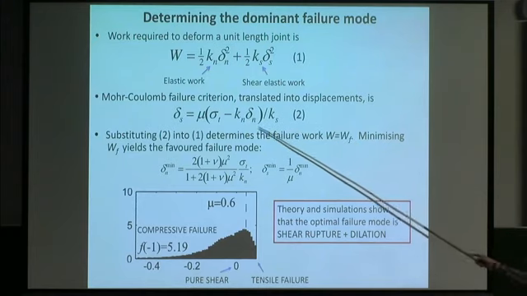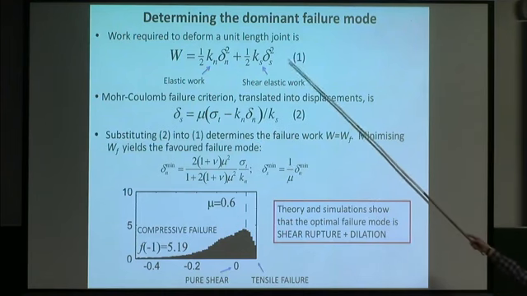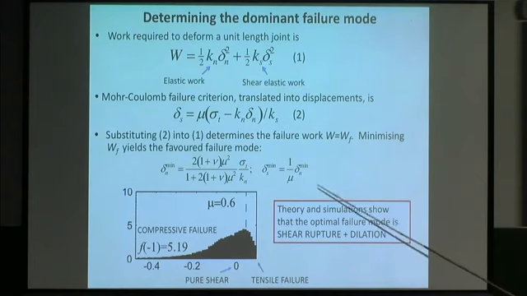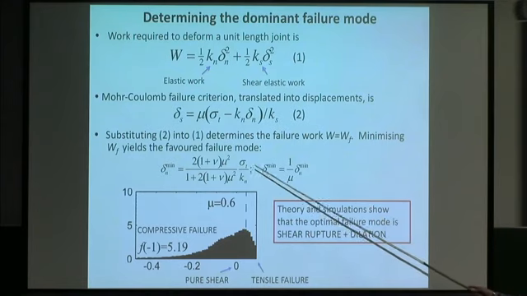If we substitute this failure criterion into the work done, we get an equation for the work done in the ice between those elements. If we then minimize that work done, okay, so what's the least work you can do before it breaks? We find that the cracks break in shear, with some shear displacement, but also with some normal opening.